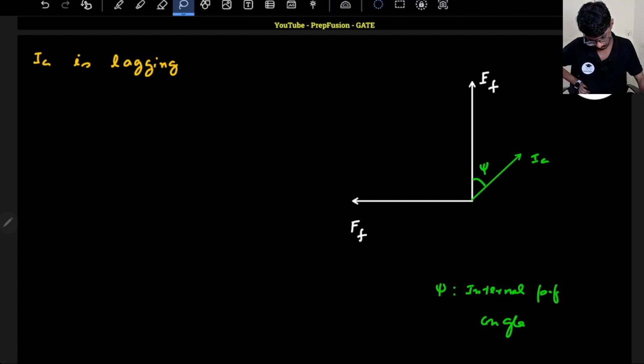Okay, so now let me plot the other components.